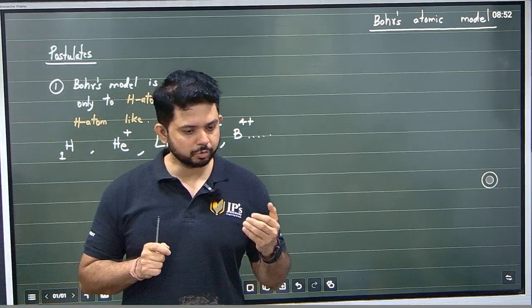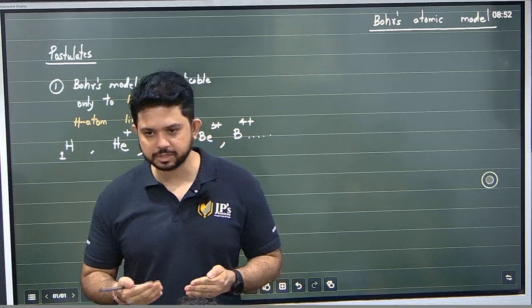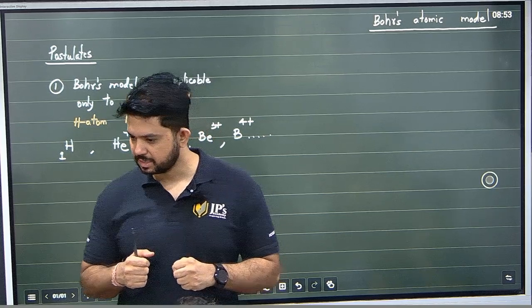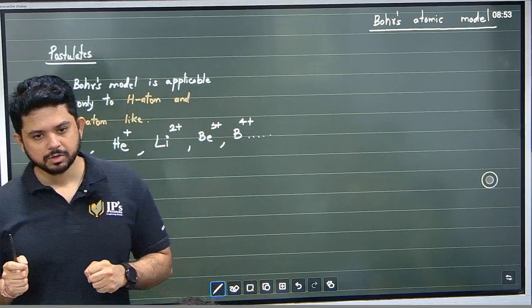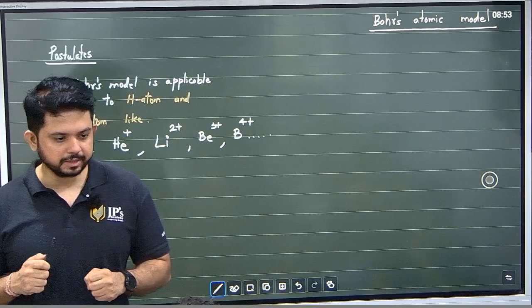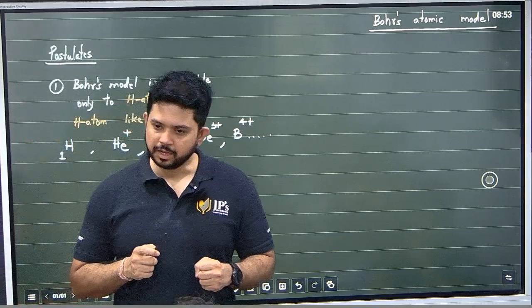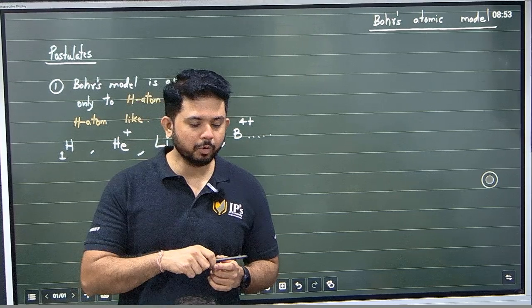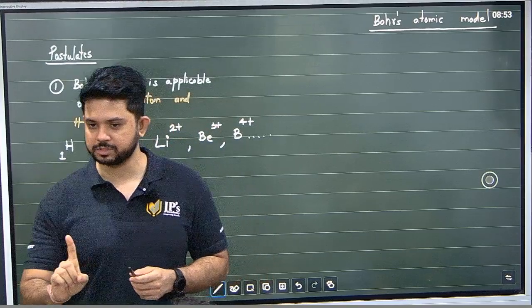Is it the force of attraction or the force of repulsion? I repeat, I have nucleus and I have electron. What is the force in between them? It is force of attraction. And hence, Bohr had to work upon only one force.